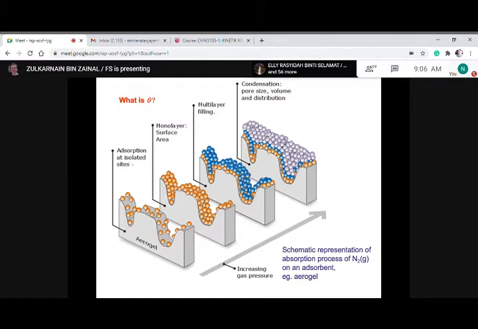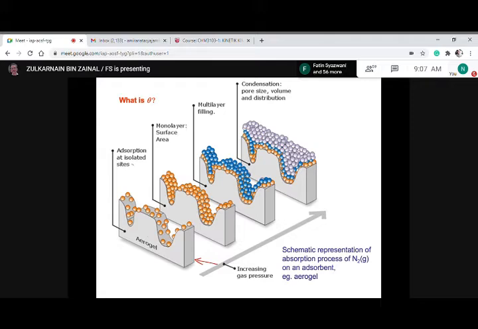In this case, for the first one, the value of theta is of course less than 1. You can see that this is during the start of the adsorption process, where not many molecules of gas are adsorbed on the surface of the adsorbent.